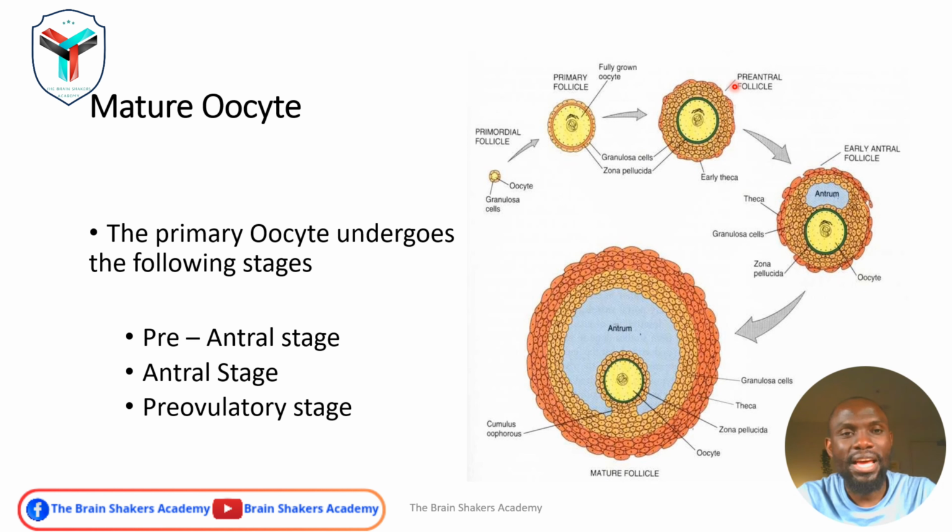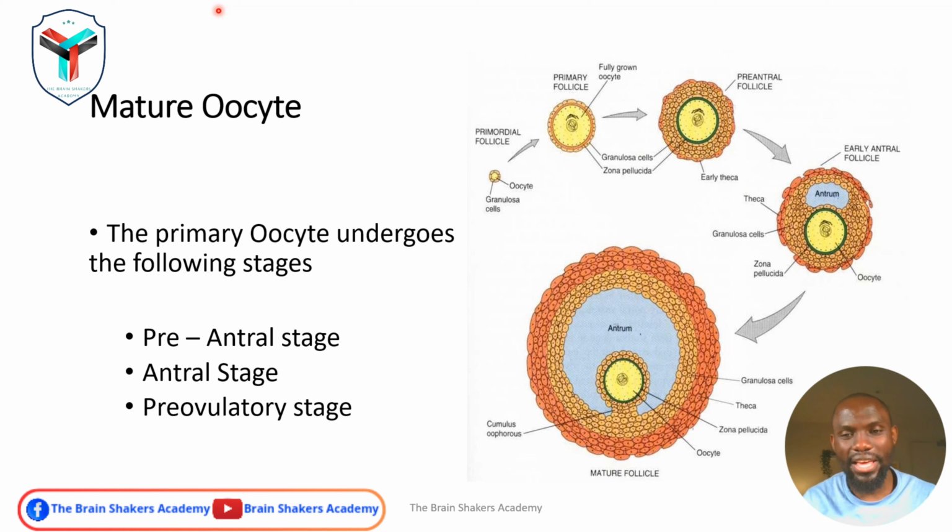Of importance is the luteinizing hormone playing a bigger role on the theca follicular cells, which are just connective tissue cells that form on top of the granulosa cells. What does the luteinizing hormone do once it comes into contact with the theca follicular cells? It stimulates them to produce androgens.